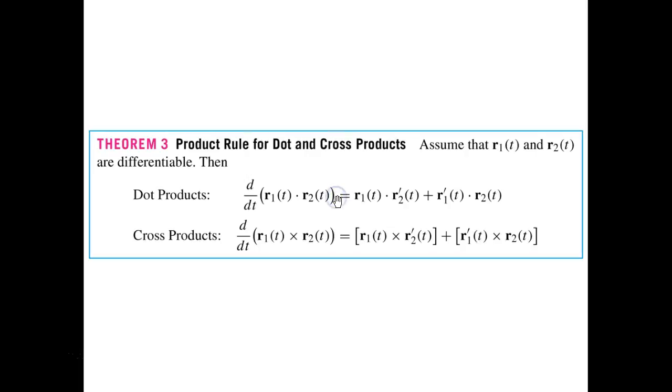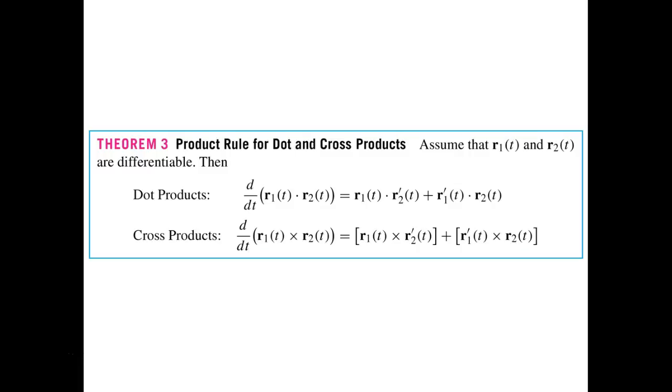Let's see. Yeah, here's the product rules for dot and cross products, as well as the product rule of a vector function by a scalar function, or scalar function by a vector function. Okay, so now again we have r1 of t and r2 of t, both differentiable vector functions.